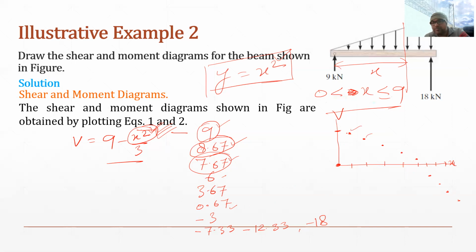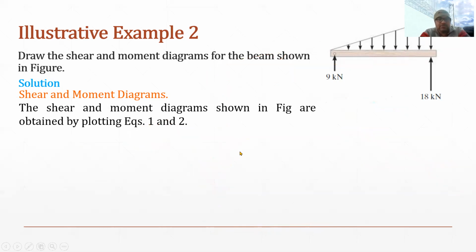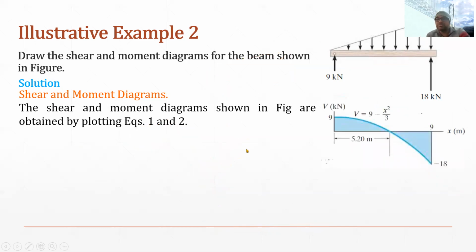We have to join these points as a curve, and that curve will be a parabolic curve because the equation has x of order 2. That is the process of drawing the diagram. Now I will show you the diagram of shear force. This is the diagram of shear force, and the equation of this curve is 9 minus x square by 3. Because x is of order 2, we have a parabolic curve.